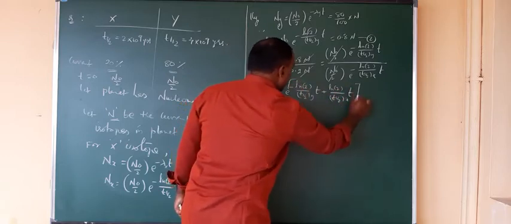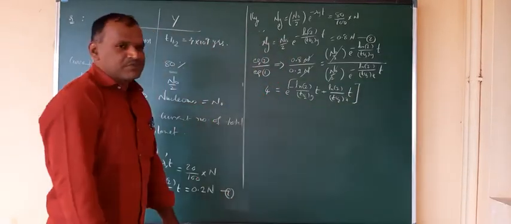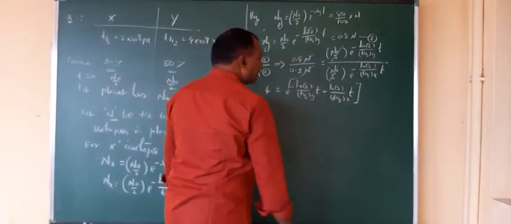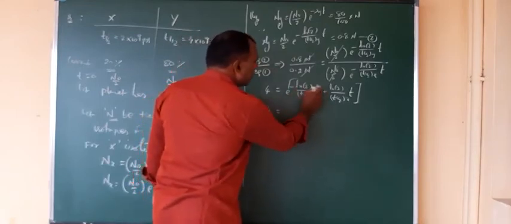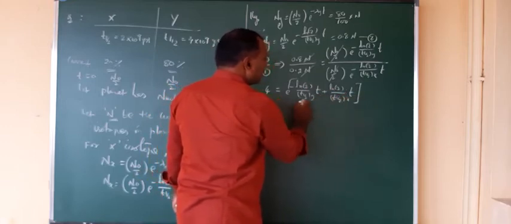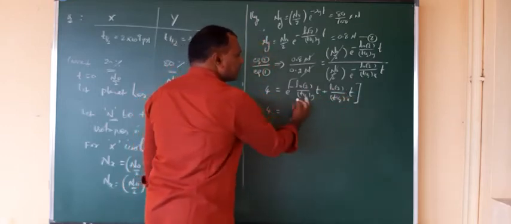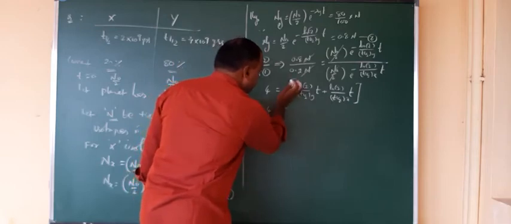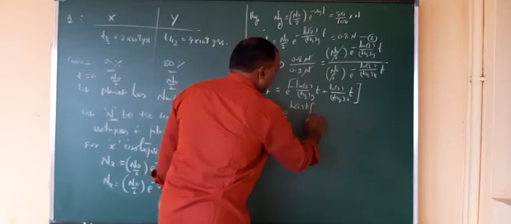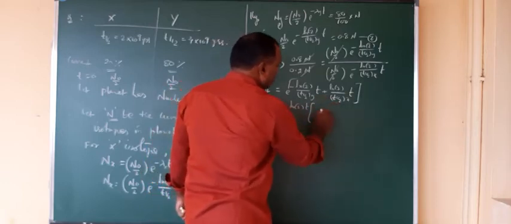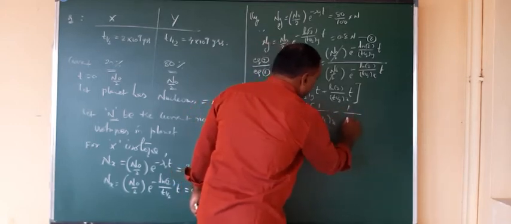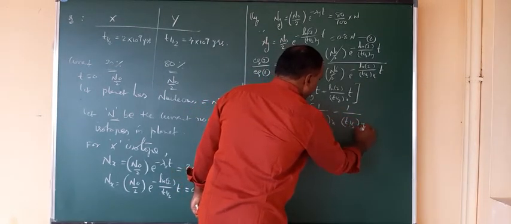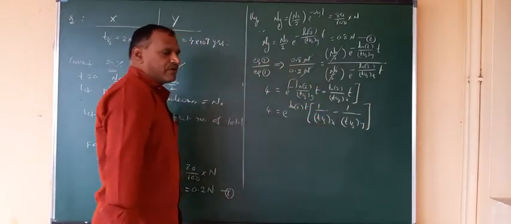In this exponential you can take the common values. So 4 is equal to e^(ln2 t (1/T½x − 1/T½y)). The positive one I wrote first, and the remaining is 1 by T half x minus 1 by T half y.